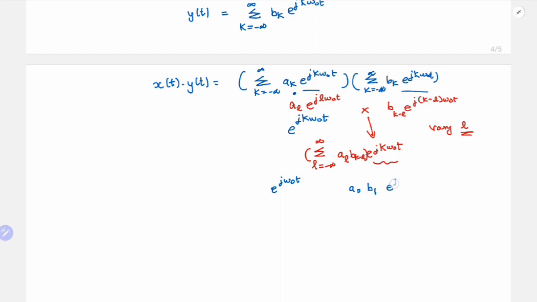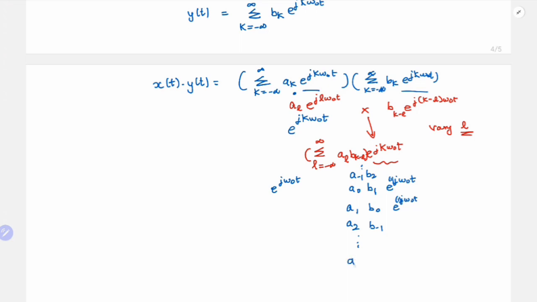So then only I'll get the term of e power j omega naught t. And if I take a1 from here, I have to multiply it with b0 here, right? Then only I'll get the e power j omega naught t term. And similarly, a minus 1 with b2 and so on in the upper direction.